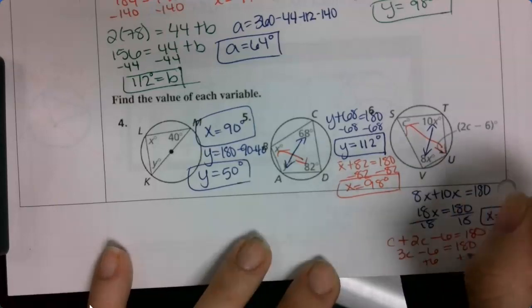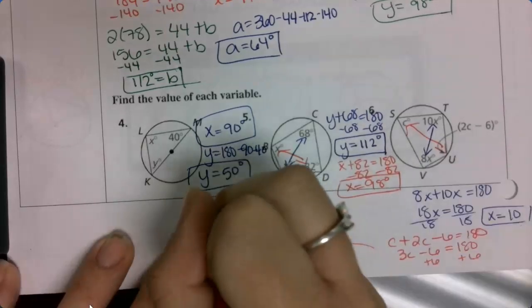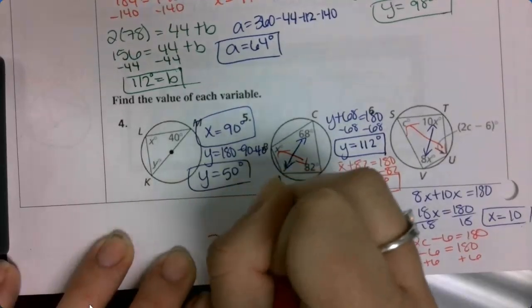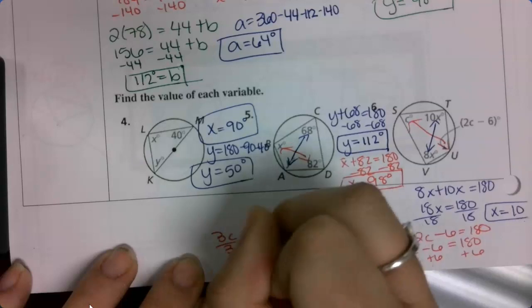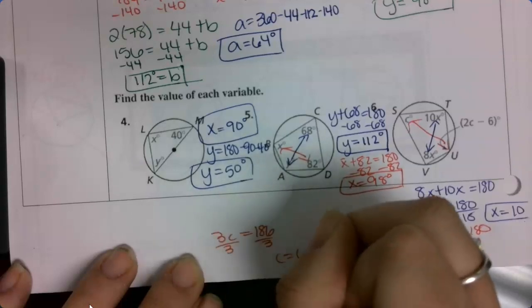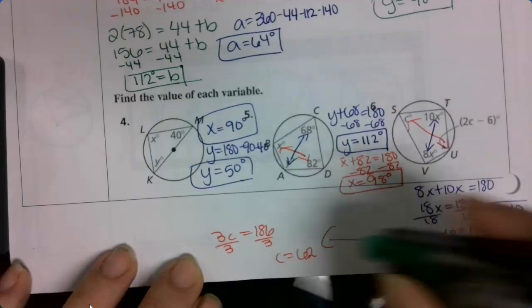Adding 6 to both sides, I get 3C equals 186. And then I divide to get C equals 62.